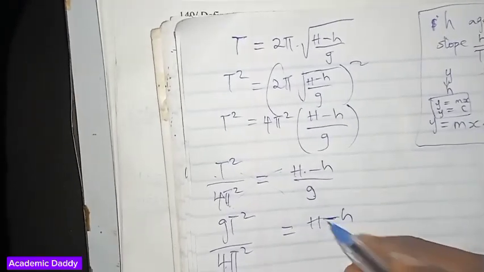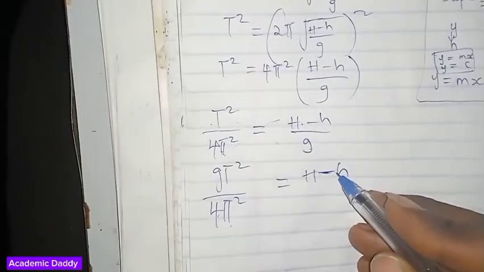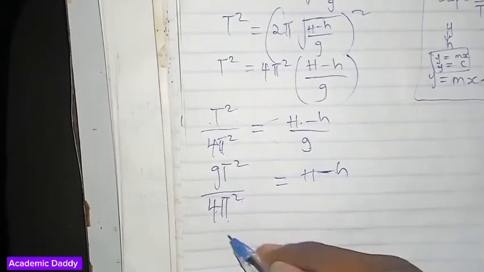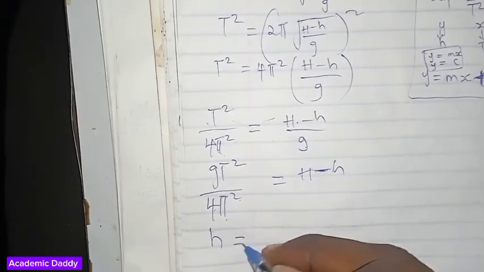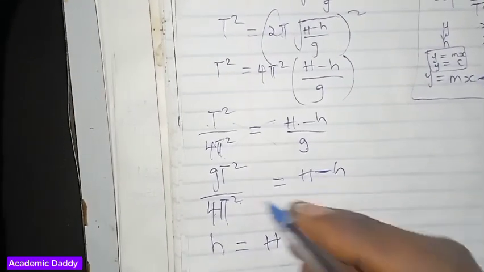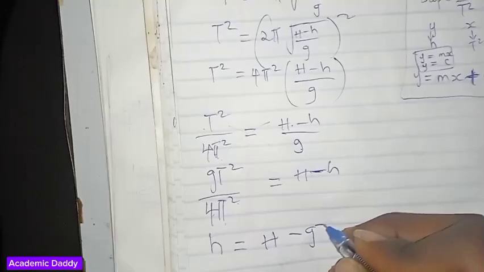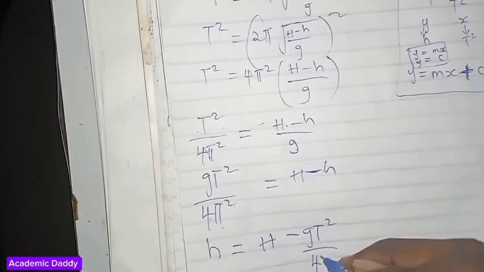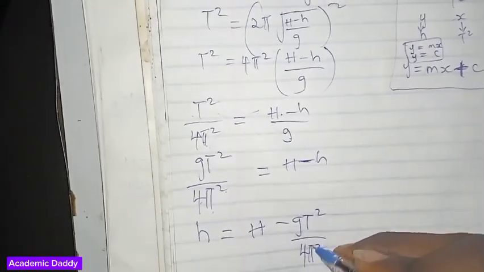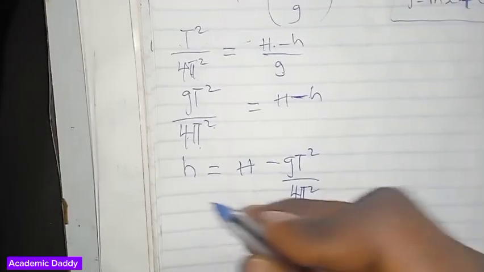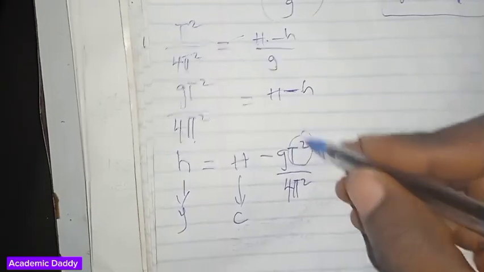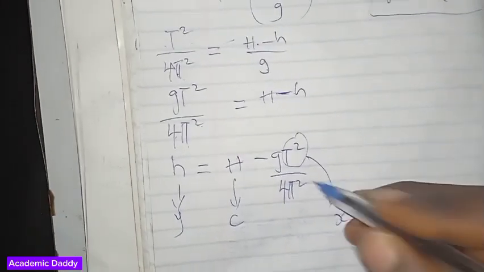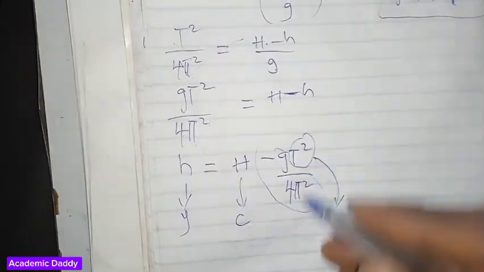So I can now say at this junction, to make h the subject of the formula, if H crosses over here, H becomes positive, equals h, this one, then this one crossing over, minus gT squared all over 4π squared. So you can now see that this is my y, this becomes my c, the intercept, this is T squared, this is my x, and everything remaining is my slope, which is m.